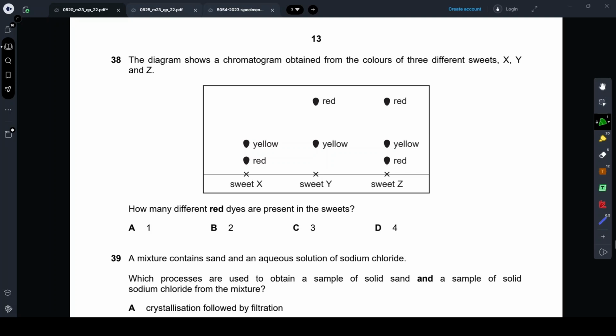Is it B? Yes. These two are the same, and these two are the same. So you count how many different red dyes, not how many red dyes in total. There are 2 different red dyes that have been used.